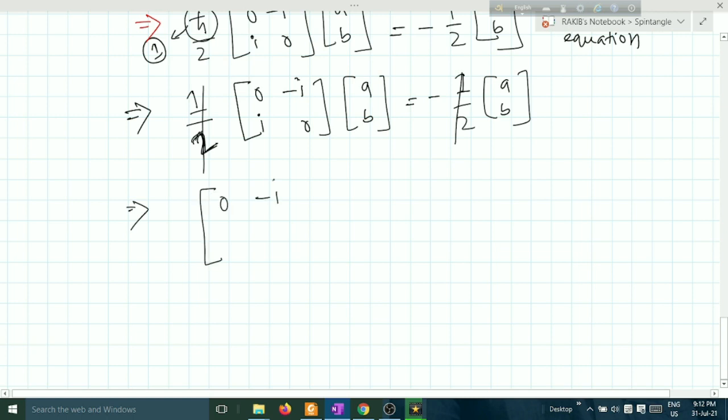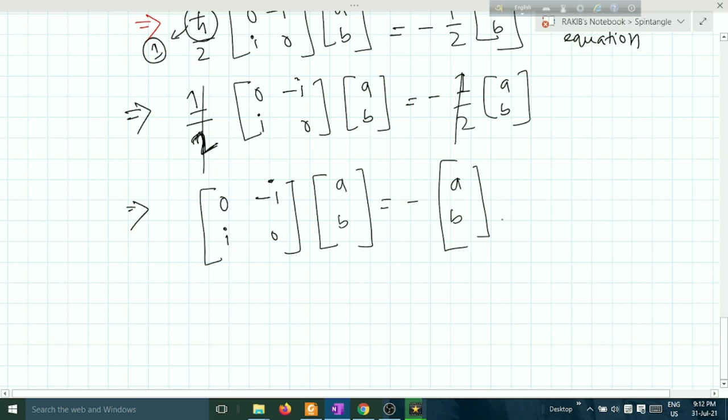0 minus i 0 times a b is equal to minus a and b. This is the problem. Now from this, what can we obtain?